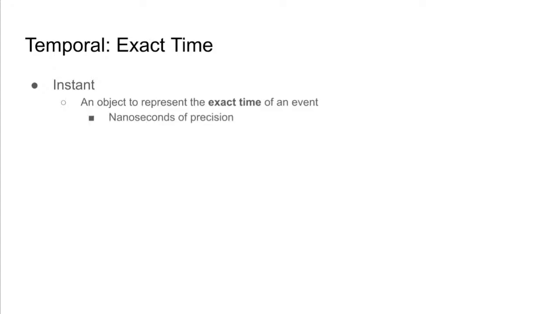For the exact time, the first construct that we have is the Instant. The Instant, as we already said, represents the exact time of an event. It has nanoseconds of precision instead of the Date's milliseconds, and does not assume any calendar or time zone, in favor of being just UTC. It's universal.